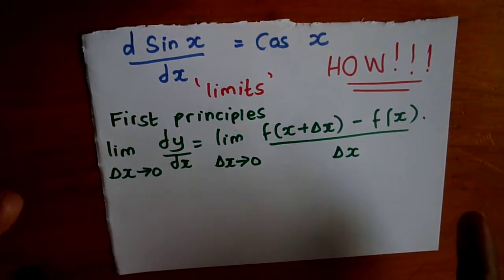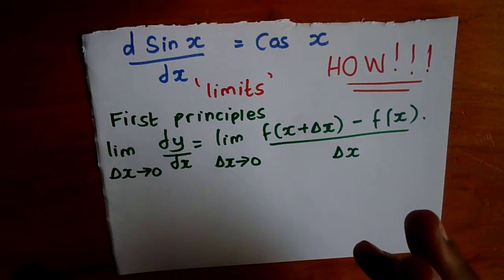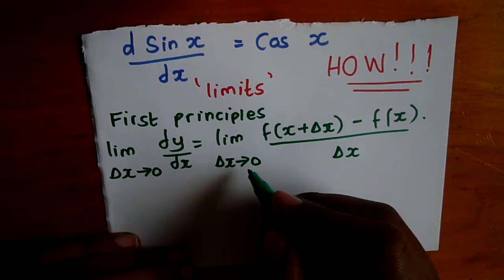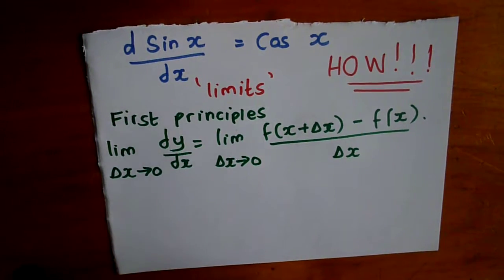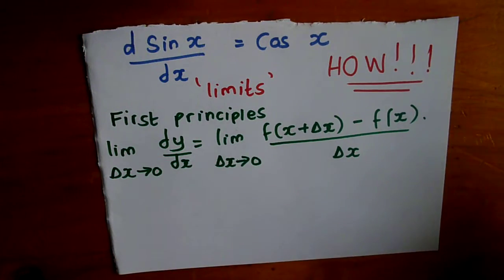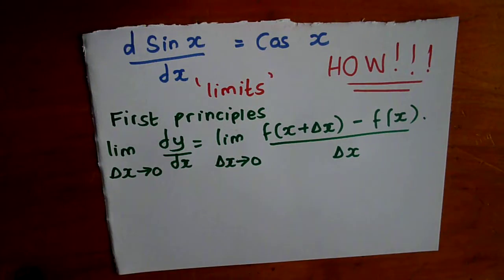If this looks new to you, what we're trying to do is make the change in x tending to 0 as small as possible. And f of x plus a small change in x is just f of x plus a small change in x.